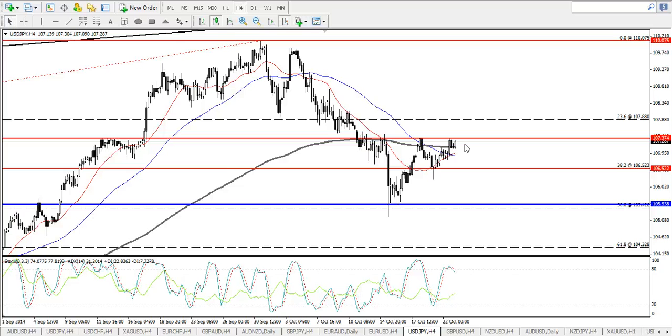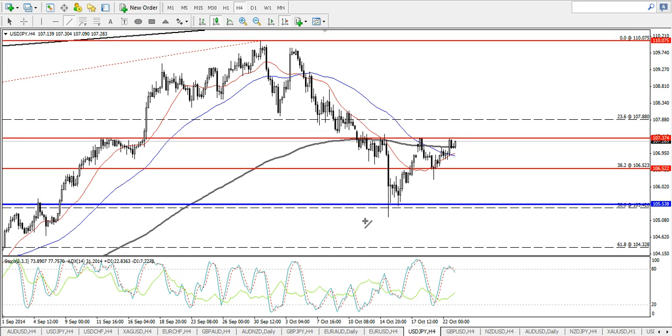Alright, so the thing is that we want to know if it's going to break above this resistance level, because that will also mean that the major retracement for this pair might be coming to an end, and the price may just continue to appreciate further from here. If that's the case, again, we're going to wait for a retracement and wait for an opportunity to go for a long.